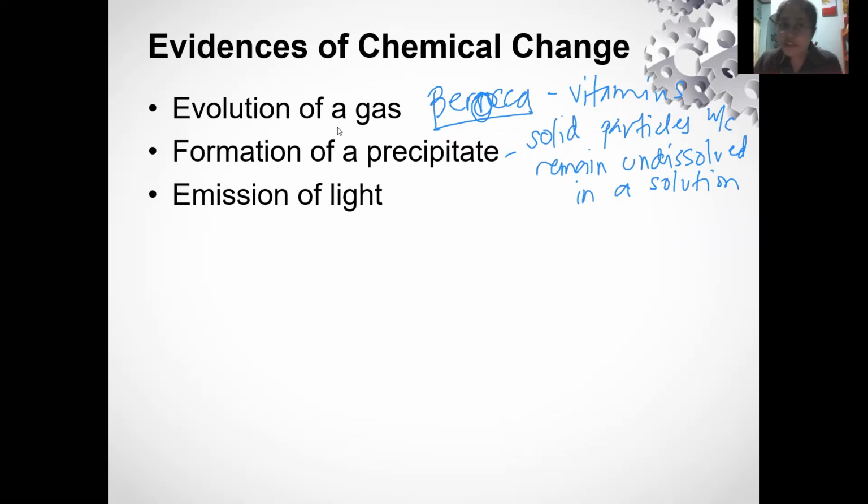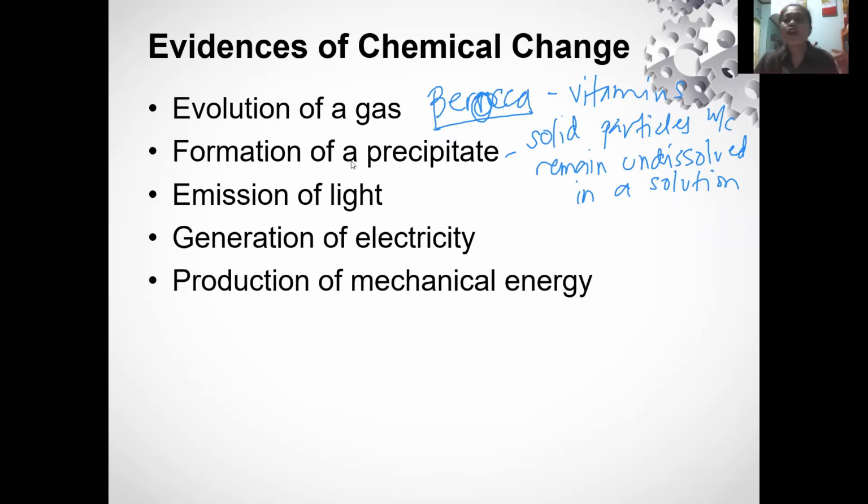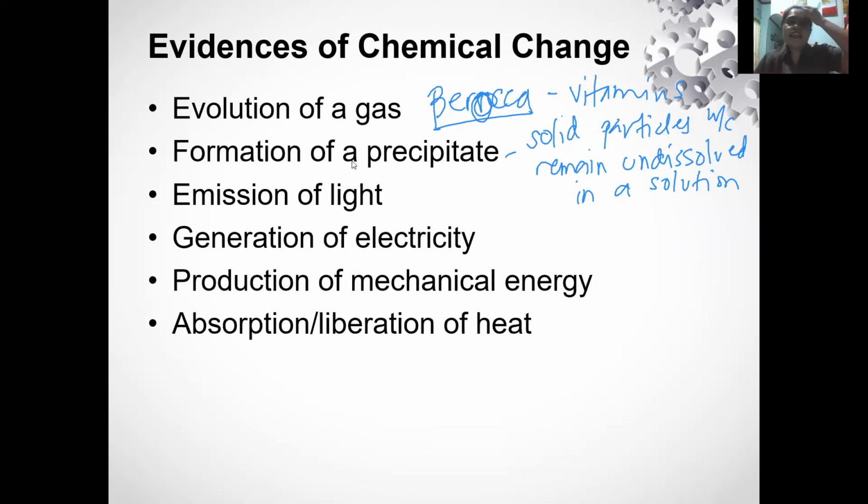And then emission of light also, that's an evidence of a chemical change. Generation of electricity. And then production of mechanical energy, absorption or liberation of heat. Meron tayong mga substances na pag pinaghalo natin, nagiging mainit siya. I mean, if you measure the temperature, or even hawakan mo lang, you will really feel na nag-iba yung temperature, na umiinit siya.